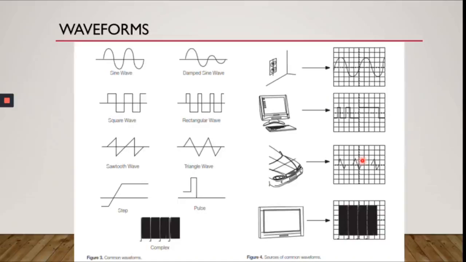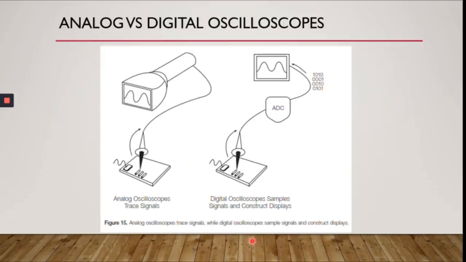As for the triangle wave, there are a few applications where we can see it. One of the common ones is when we measure parts of power electronic components in our car. Some of the parts, when we measure, we are going to observe a sawtooth wave or a triangular shaped wave. And then for a typical monitor like a high definition TV, when we measure the output, we are going to see complex waveforms like the one shown here. So these are just examples of typical waveforms that you usually encounter.